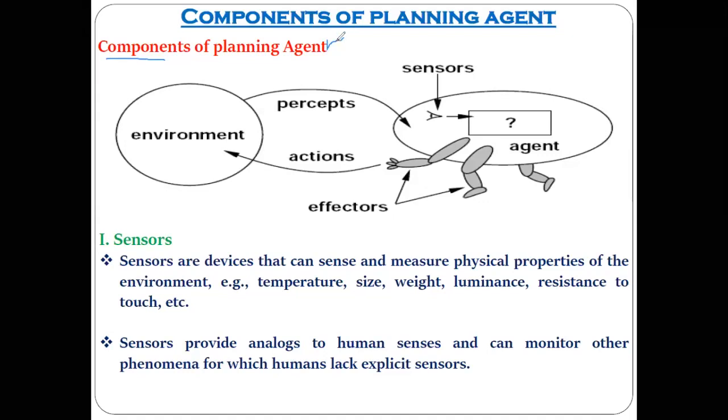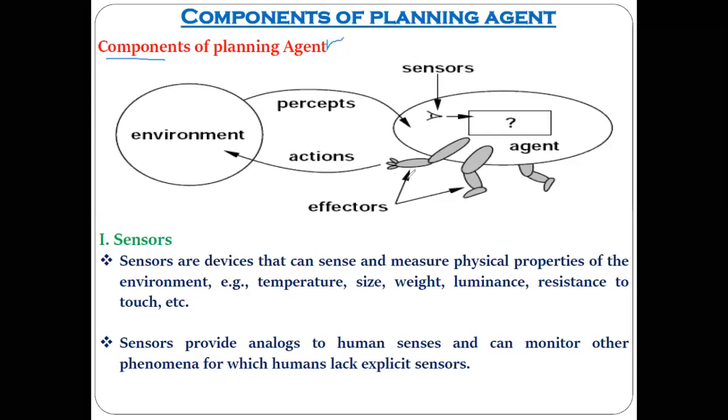The question might be asked in a different way: instead of directly asking the components of the planning agent, it might ask to explain the components of the AI agent, or the components of an intelligent system such as a robot, or the components of the robot directly. Understood? So the question might be asked in different ways.